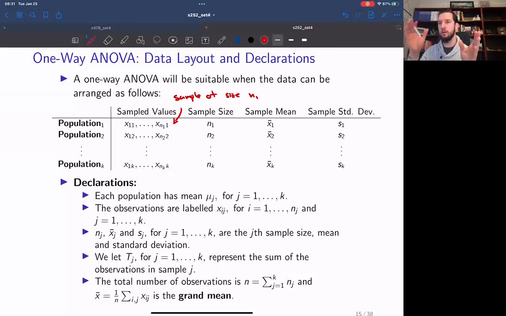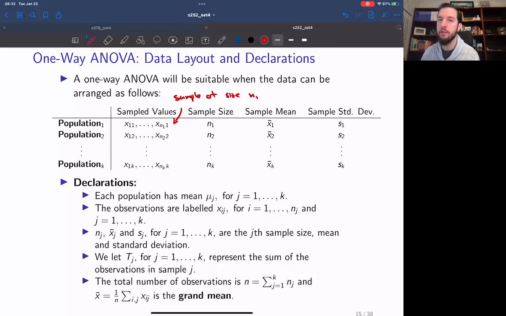So we have X1 to XN1, where the subscript 1 refers to the fact that this came from population 1. Similarly, from population 2, you have a sample of X1 to XN2, again referring to the fact that you have a sample from the second population. So that second digit, X11, XN11, is an indicator that it's from the first population. And this is similar for all of the different populations from which we might sample.